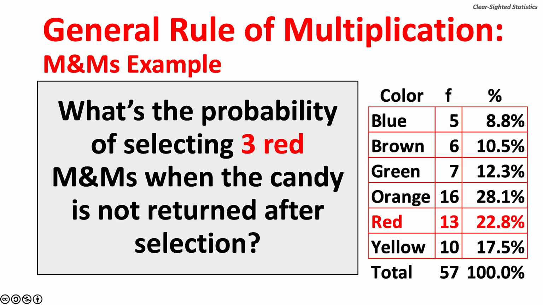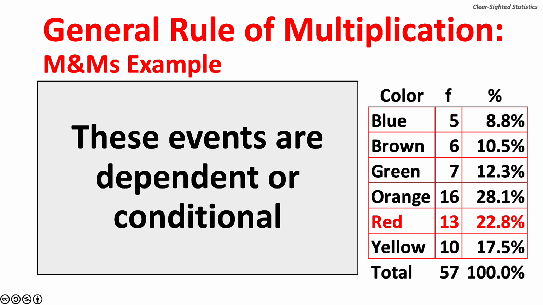Let's work through an example of the general rule of multiplication using a small bag of M&Ms purchased from a vending machine. What's the probability of selecting 3 red M&Ms when the candy is not returned after selection? These events are dependent or conditional because the probabilities of selecting a red M&M change when you do not return the candy after it has been selected.